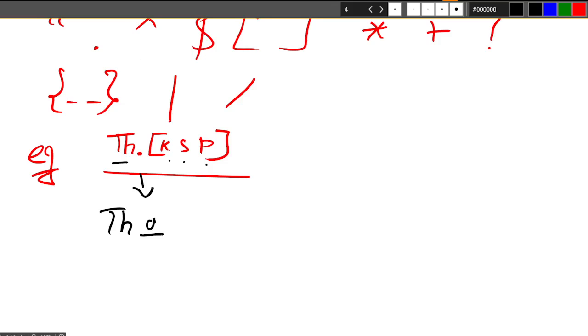Maybe if you write A, you can write B, C, D, I, all are acceptable. Here you can have any of these characters, either K or S or P only. Then it is acceptable, otherwise it is not acceptable. So regular expressions help you directly to match the patterns, whether it is acceptable or not.